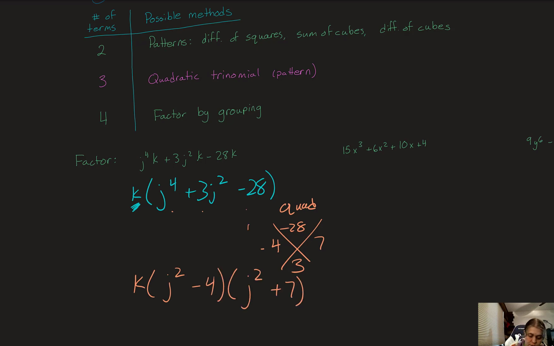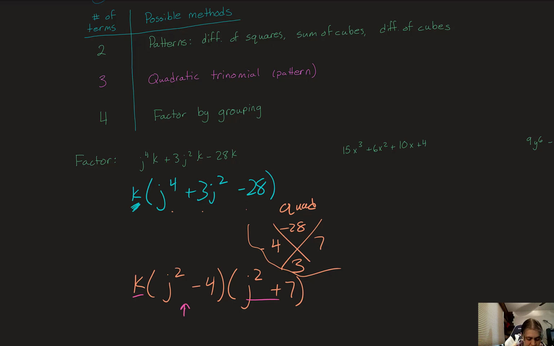Oh no, I'm not done. You always have to keep checking. Right here, this is 2 terms, so this might be a difference of squares, sum of cubes, or difference of cubes. This exponent is a 2, so it's going to be a difference of squares if it's anything, but I'm not subtracting, so that guy's factored completely. He is now also just coming along for the ride.